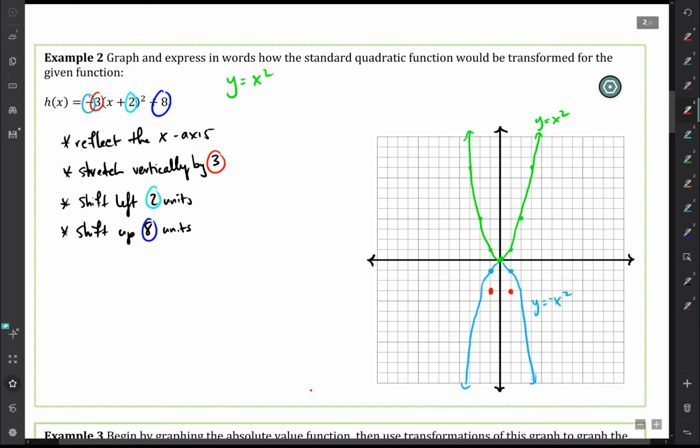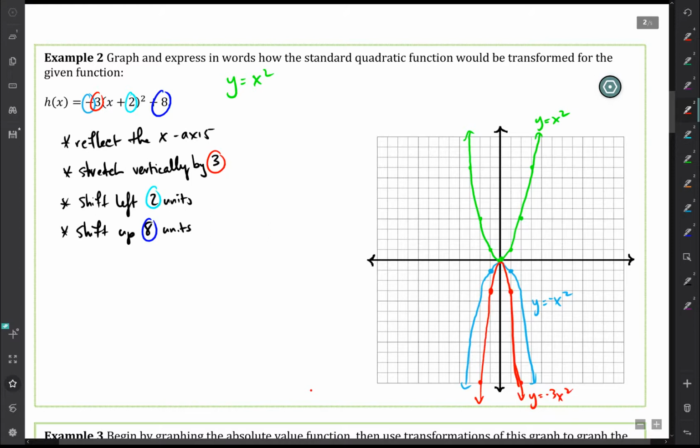And where it went through (2, -4), that needs to be stretched down to (2, -12) and (-2, -12). So the graph should look something like this. It should be much skinnier, and it should grow vertically about 3 times as fast.